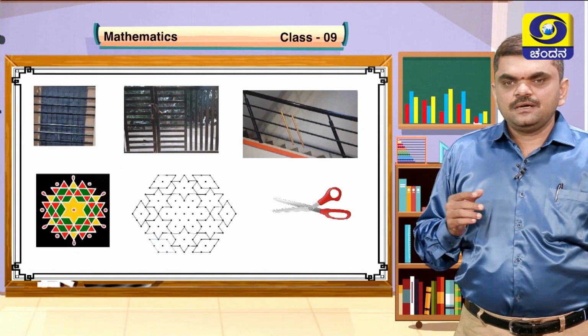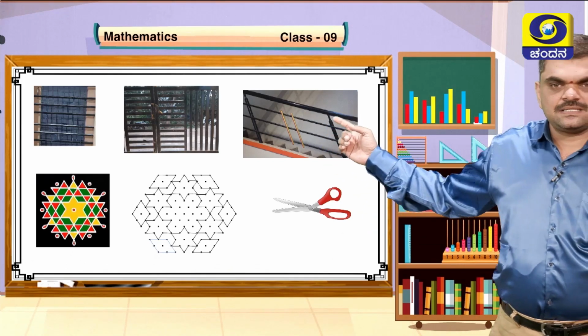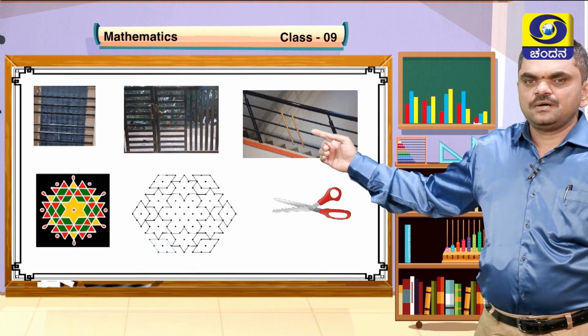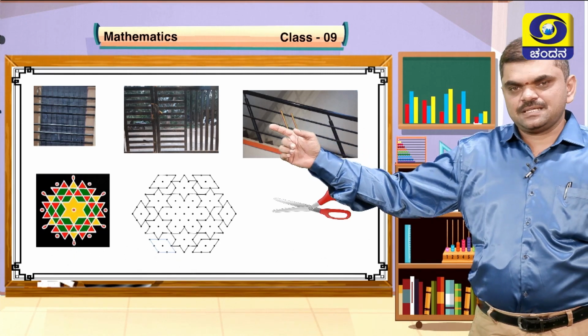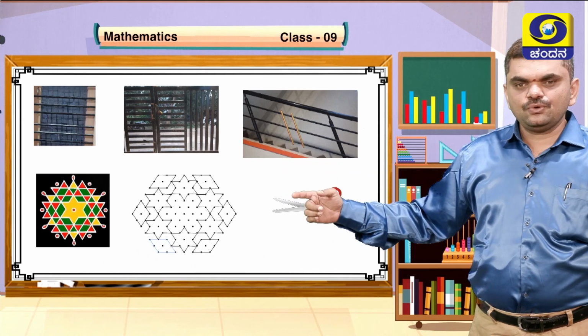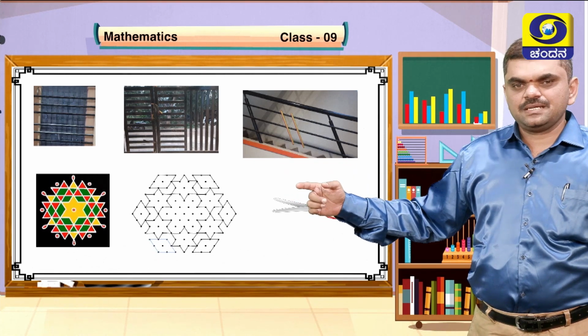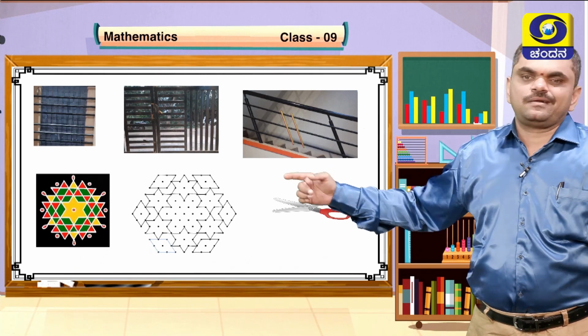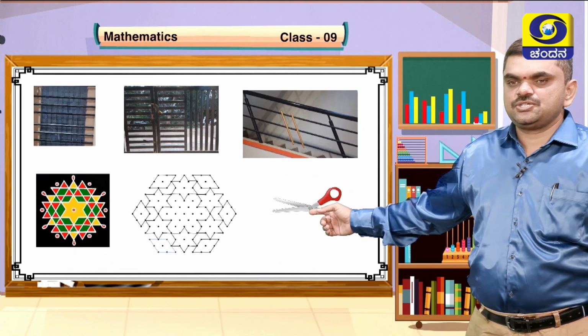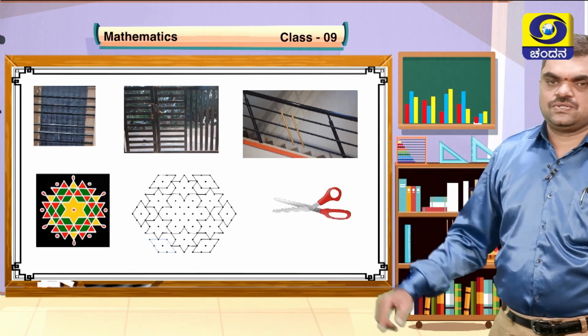Observe here, the grills for the stairs, and the grills, that is the gate, you may observe here also. If I tell you to draw lines, in Rangoli pattern also you may draw, or you observe in the scissor, the edges of the scissor also.